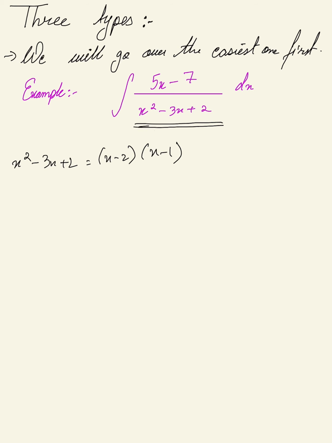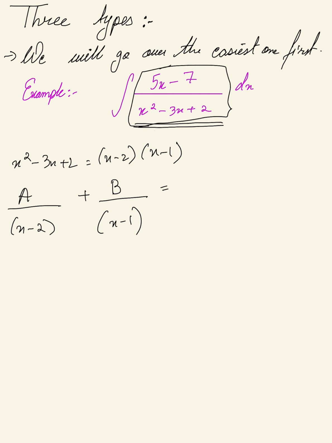You found the factors, so now this is the important part. You do this. You put down a, put one factor down here, plus b, put down another factor down here. And we'll equate this to this thing right down here, 5x minus 7. We already solved this term, so we'll write down the factor form: x minus 2, x minus 1.